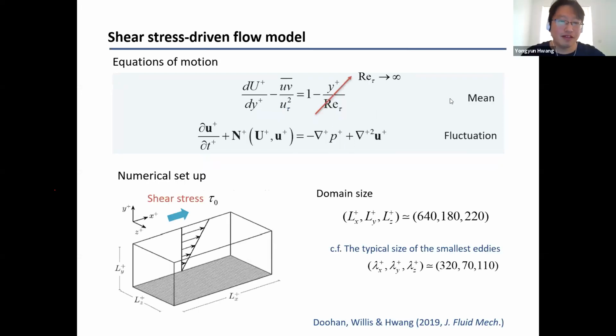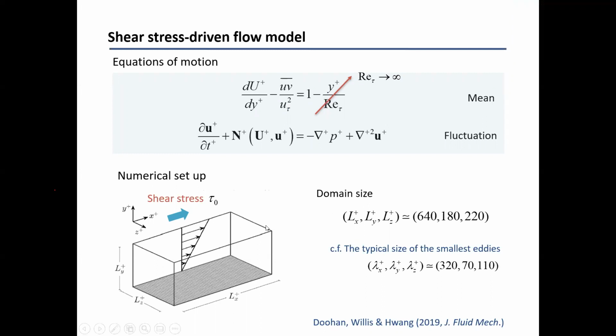I'm thinking about an analogy with what's called steady streaming from years ago. Is there a fluctuating velocity which in some sense is driving the outer flow?